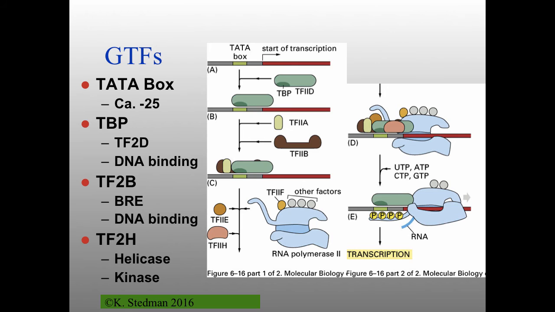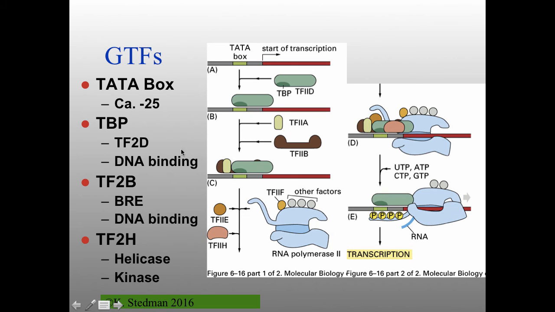The replicative helicase is hydrolyzing ATP all the time because it's always pulling apart the two strands. Once you've started getting these two strands apart here, you don't need TFIIH anymore because the polymerase has that isomerization. It sticks that little piece of protein in between the two DNA strands, so it doesn't need any more helicase activity. Whereas in the case of replication, that helicase has to be pulling those two strands apart the whole time.